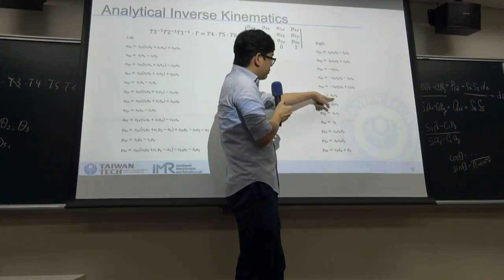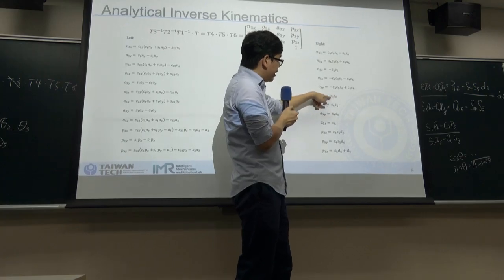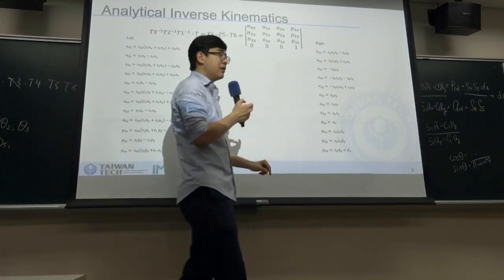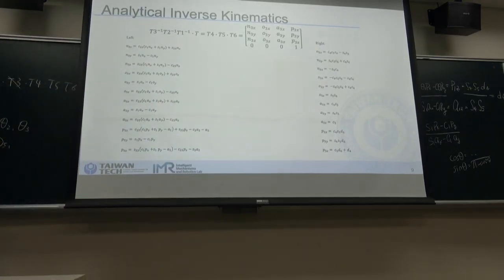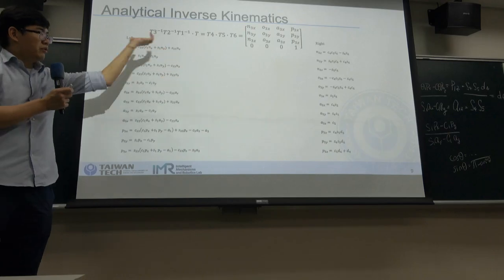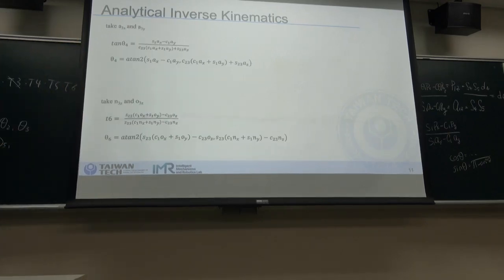Also you can see this one is sine theta 5 and sine theta 6. We already know theta 5, so we can find theta 6. If you only have two unknowns left, it's very easy to find the relationship. You can just pick two equations and solve for theta 4 and theta 6. So this is how to use all the equations to solve the inverse.